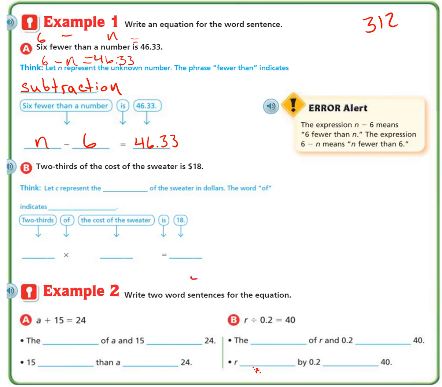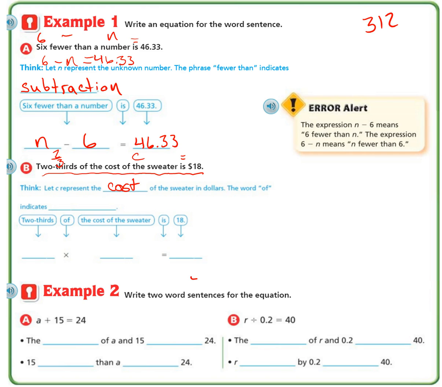Okay. All right. B, 2/3 of the cost of the sweater is $18. So 2/3, I know, is the equal sign. Cost of the sweater, we'll say that's S. We don't know what the cost of the sweater is. So, okay, they told us what they want it to be, C, the cost of the sweater. Let C represent the cost of the sweater in dollars.